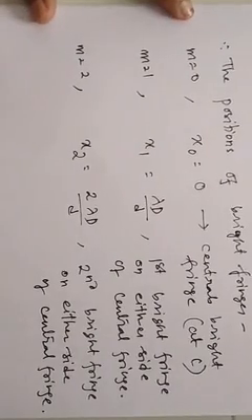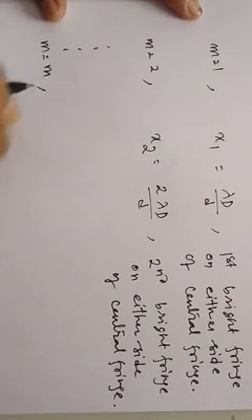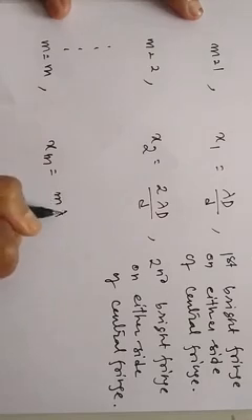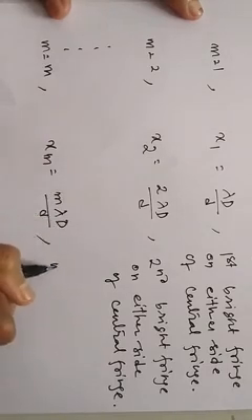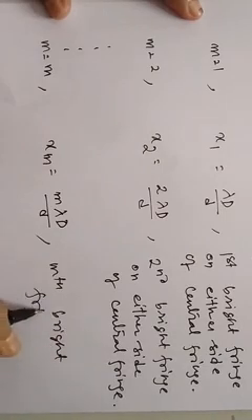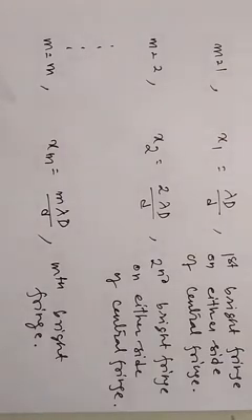Okay, so in this way, for m equals m, we get the mth bright fringe, which is m lambda D by d, which gives us the mth bright fringe.